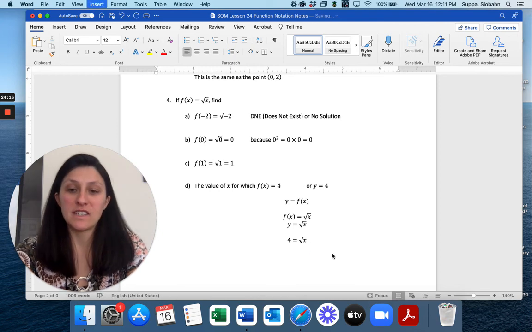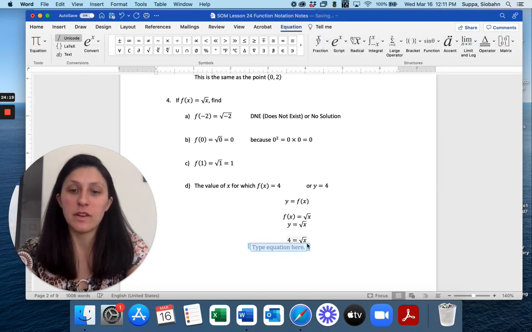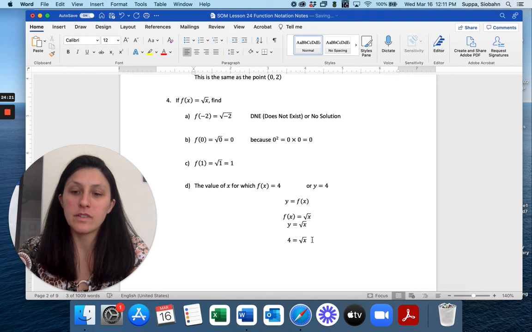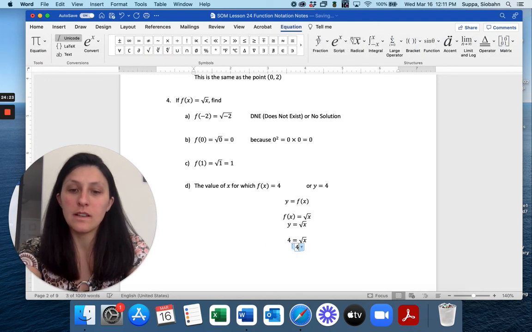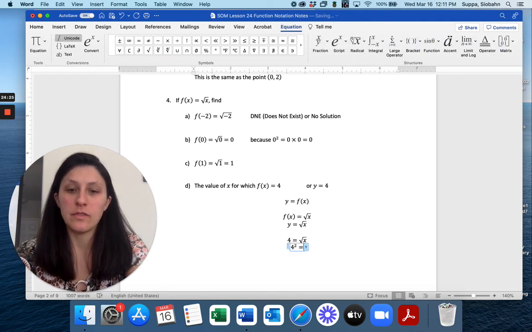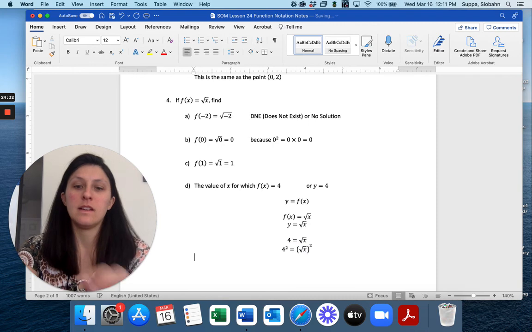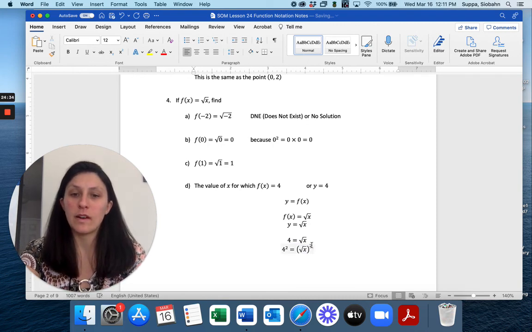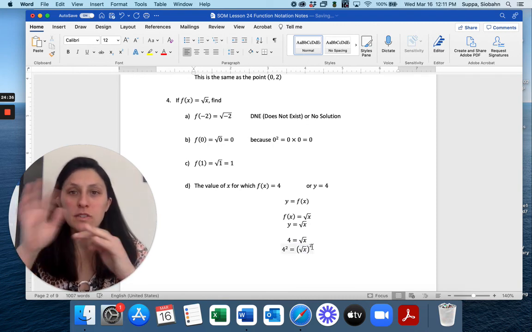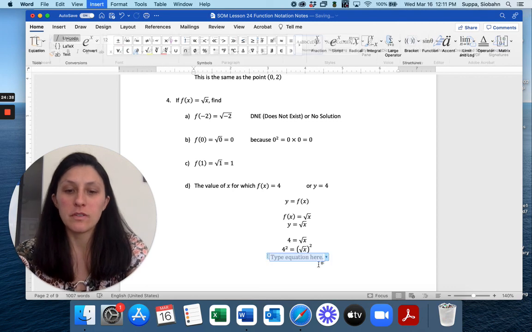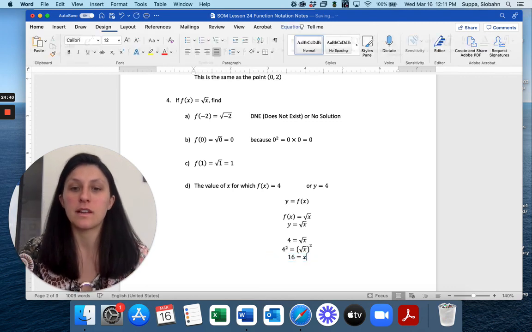Now, maybe that's easier said than done because you have to deal with the square root here. So how do you get rid of the square root? You just square both sides. If you have the square root of x and you square both sides, the square root and the squared are opposite operations, so they cancel each other out. So what you're left with is 16 equals x.